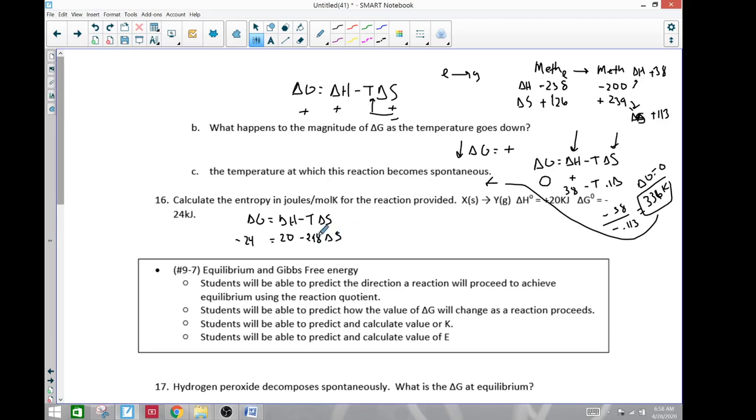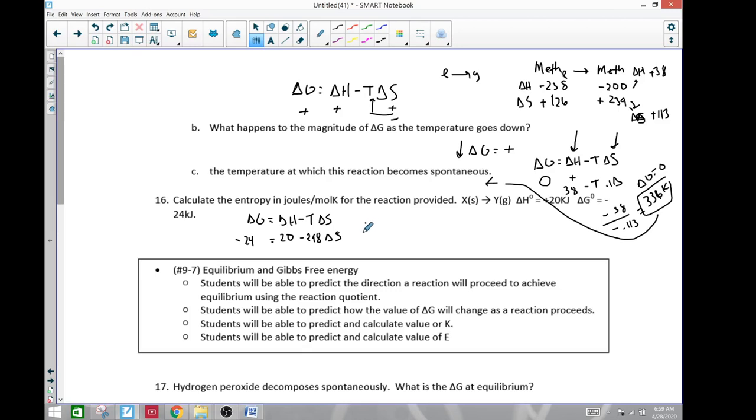This is one of two ways of solving for delta S. The other one is right here. So we take negative 24 minus 20, which is negative 44, divided by negative 298, which is 0.147.